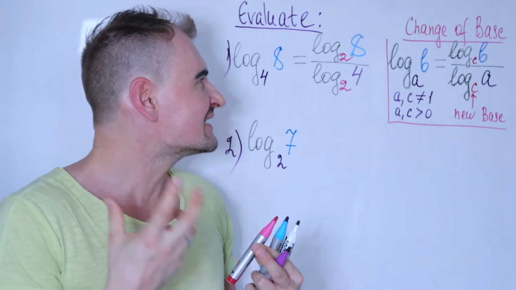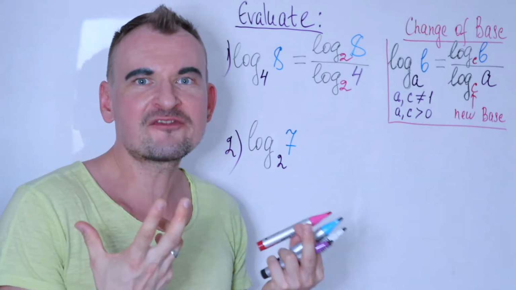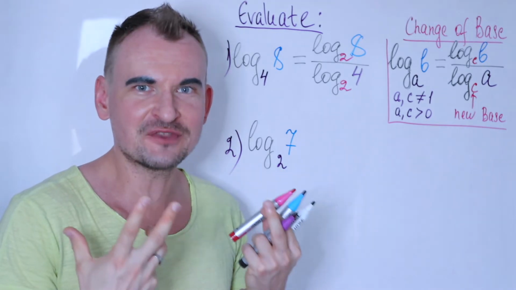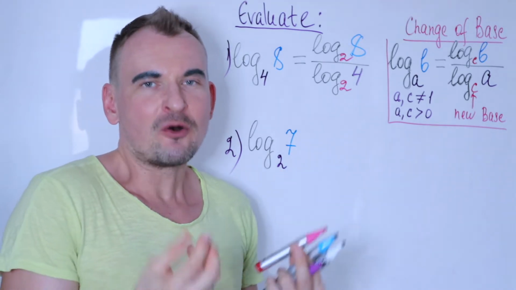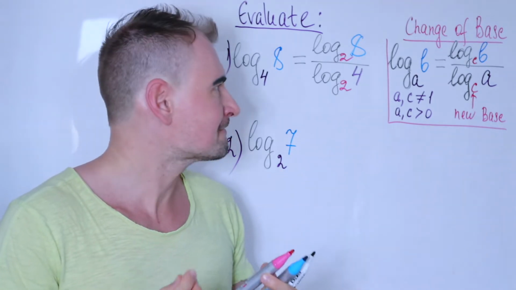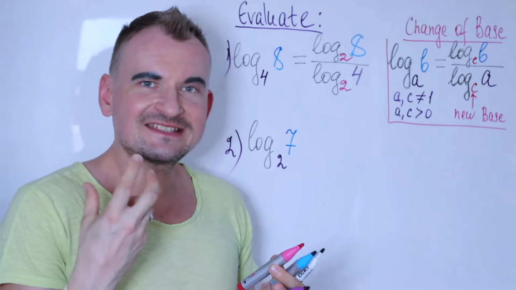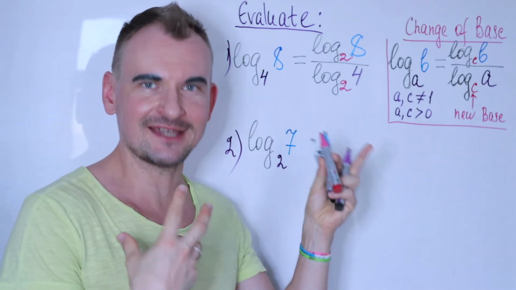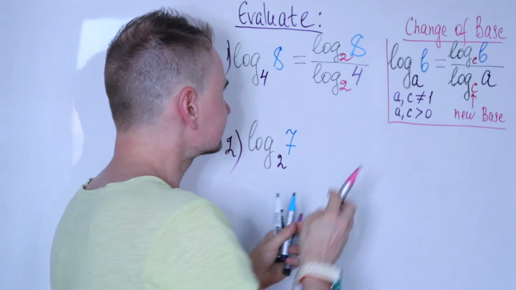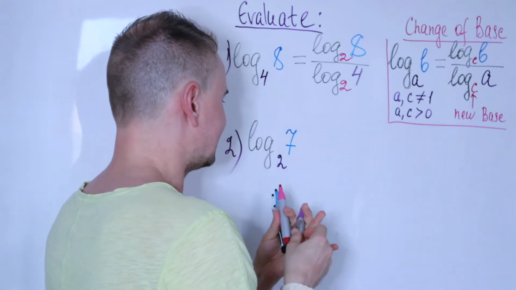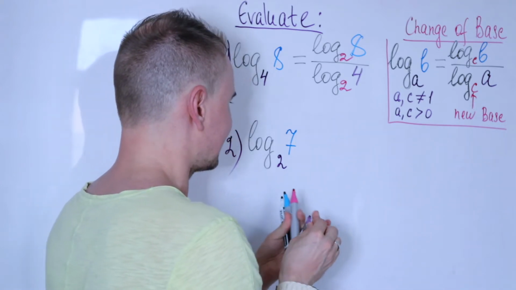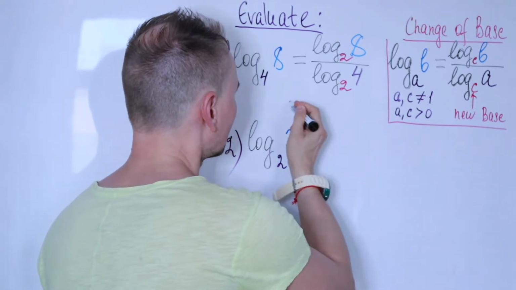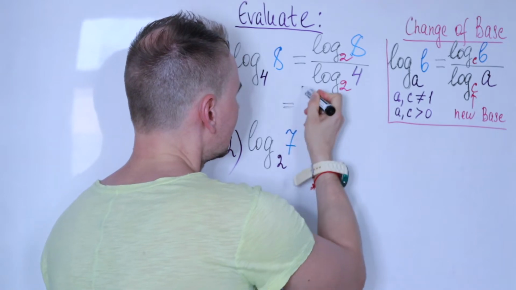So a logarithm always gives you the exponent of the exponential version. So this 3 is needed to make 2 into 8. So the top number simply becomes 3.